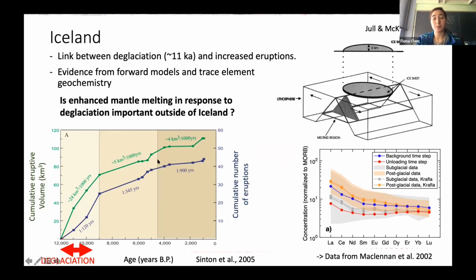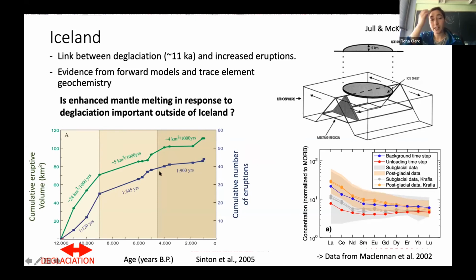This effect of enhanced mantle melting in response to deglaciation was first modeled by Gell and Mackenzie in the top right, and their models are able to explain both the enhanced eruption rates and these depletions in trace element geochemistry. That's the difference between the orange line and the gray lines.